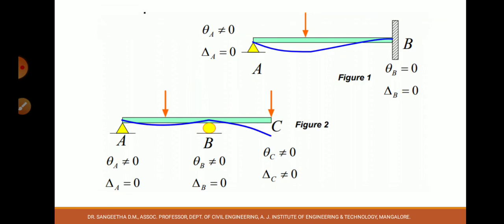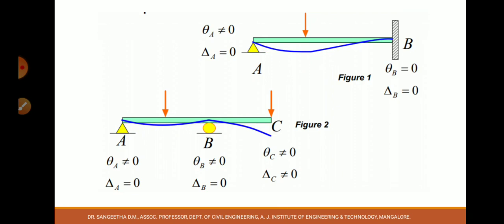At support B, again the same thing, a roller, an intermediate support, deflection is not possible, but rotation is possible. Rotation means, see here, that is the theta. Got it? So theta B is not 0, whereas delta B is 0.